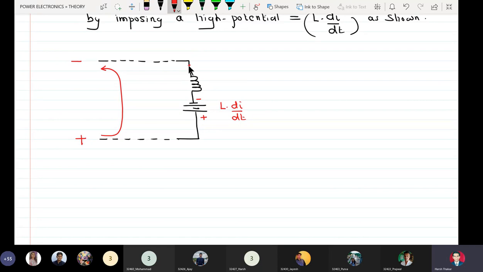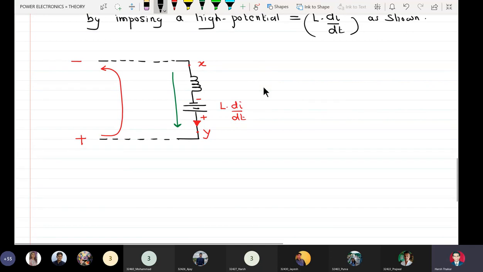Naturally, this is node X, this is node Y, and you know that current always leaves the positive terminal of the battery. That is why the current will always leave the positive plate of the battery. This comes from the construction and electrical properties of an inductor. So by imposing a very high voltage L di by dt, it will try to maintain the current in the same direction, that is from X to Y. Got the point? It's like that.